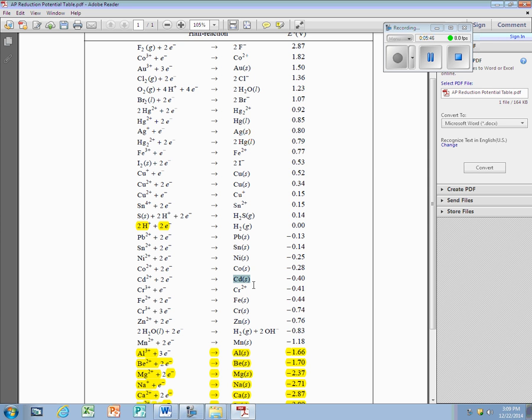The number of electrons lost and the number of electron gains in these types of what we call redox reactions must always be equal. So in order to satisfy the need of the oxygen and the H plus ions to gain the 4 electrons to produce the 2 water molecules, the 2 cadmiums would have to lose a total of 4 electrons to produce 2 cadmium plus 2 ions.